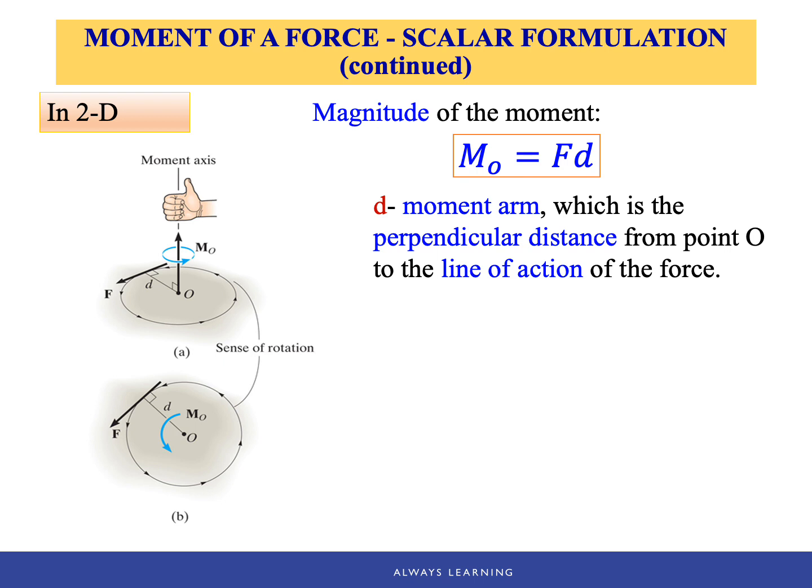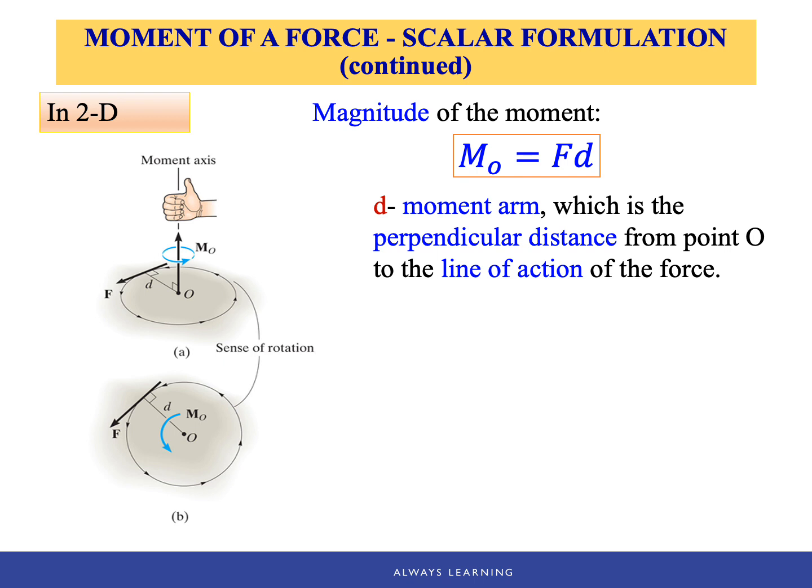Or we say the moment arm D and the force F are within the same plane. Or if you take a look at the trajectory of a particle moving around this circle, it is in a 2D plane. So this is what we say, a 2D.